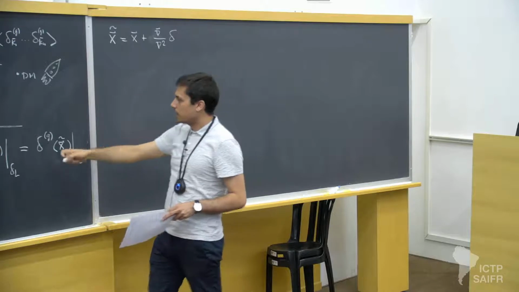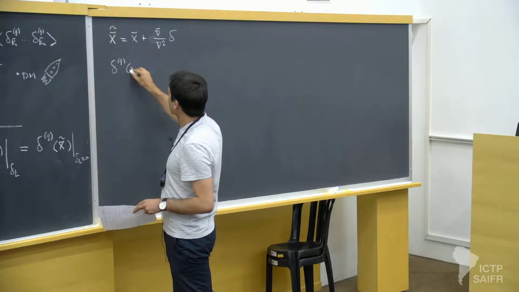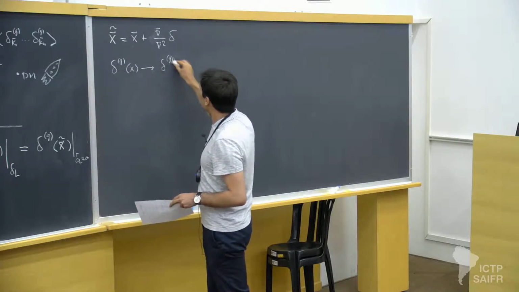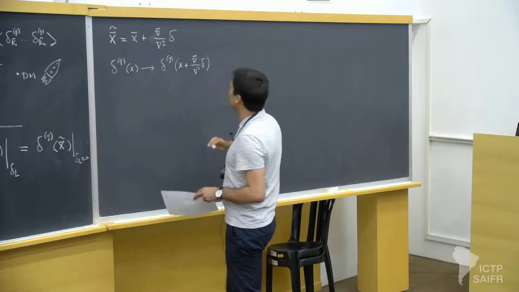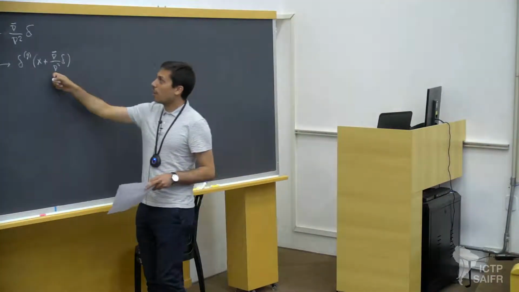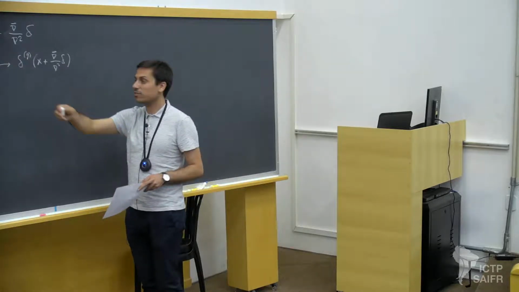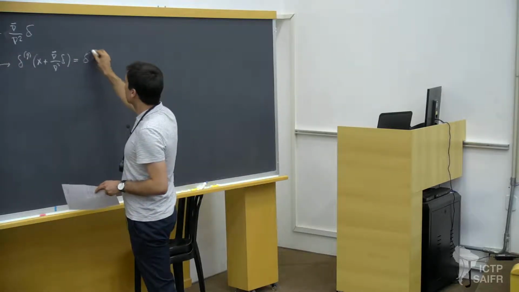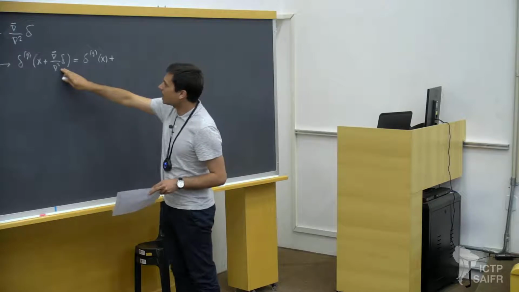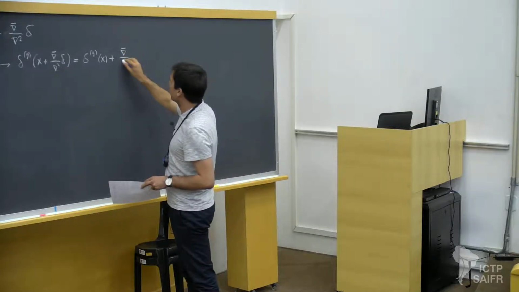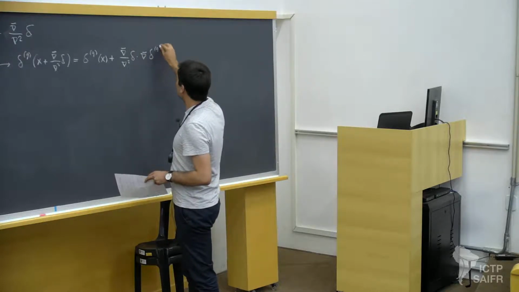So if I have some delta, I want to replace, as you see, if I have the delta galaxy field of x, I want to replace this with the delta galaxy field of x plus the gradient of delta. And this is the exact statement. But if I now expand in perturbations of delta, and this is what we were doing so far, we're doing perturbation theory. If I expand, this is going to be delta galaxy of x plus, this is the leading term, and then the next to leading order term is just whatever is here times the gradient of delta G of x.